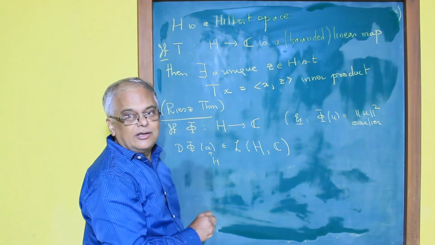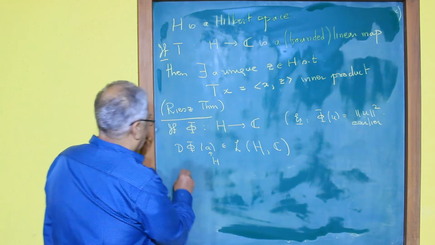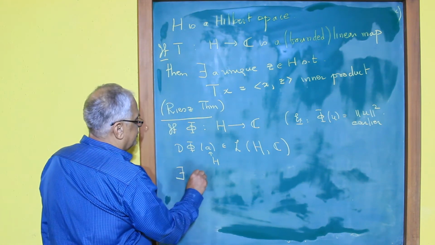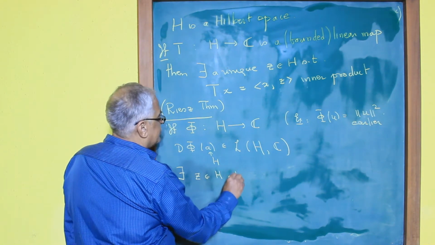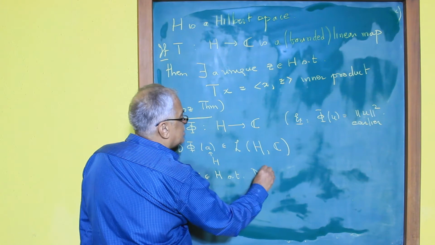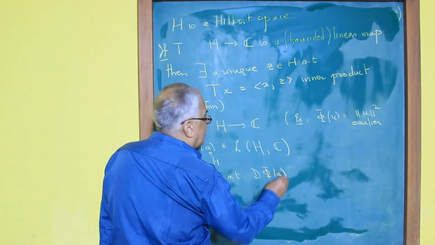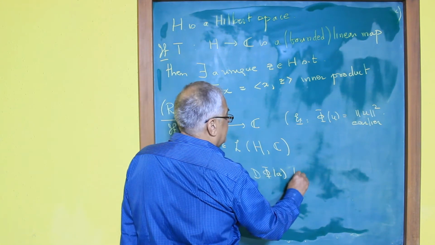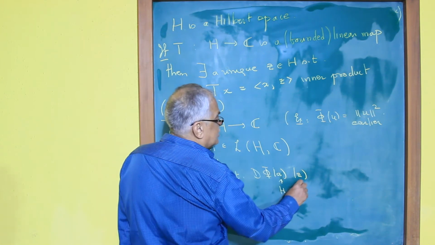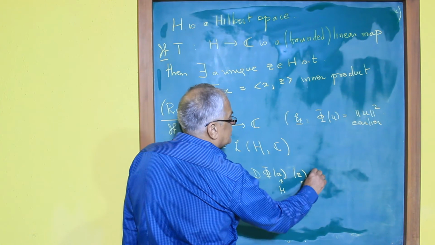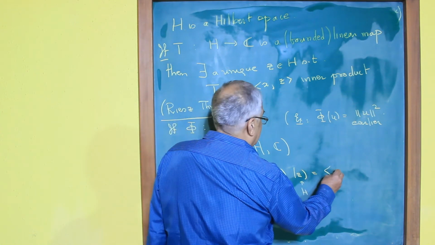Therefore, by the Riesz theorem, there exists a Z in H such that D phi at A acting on Z, A is in H, Z is in H, is given by an inner product.